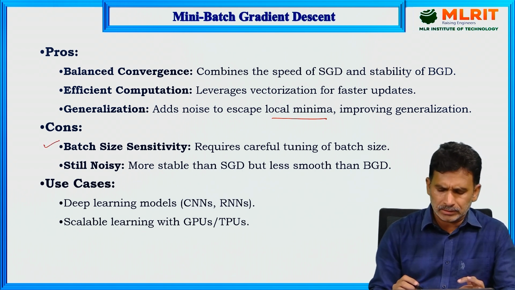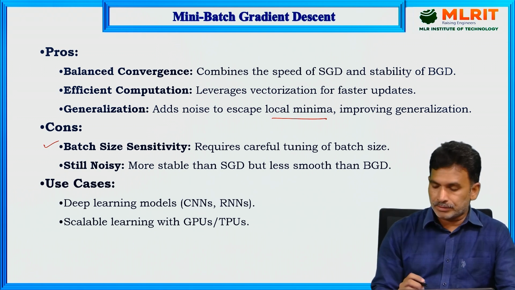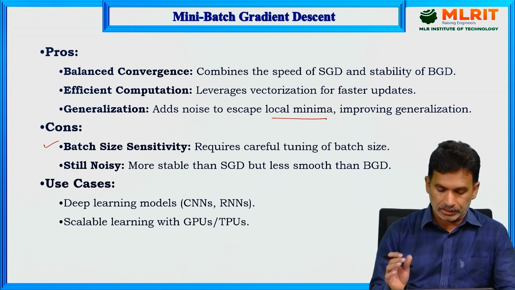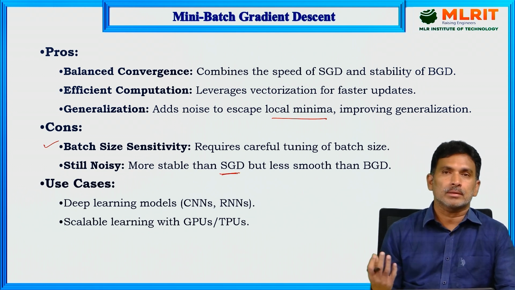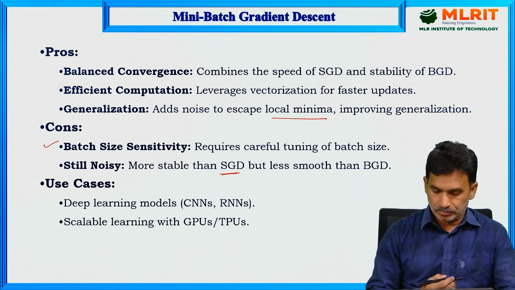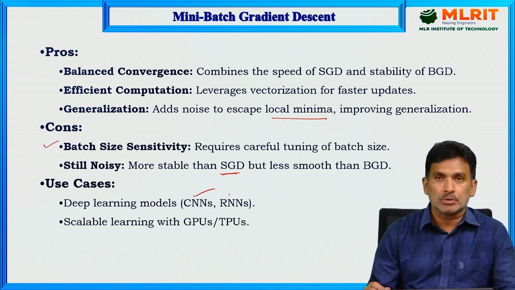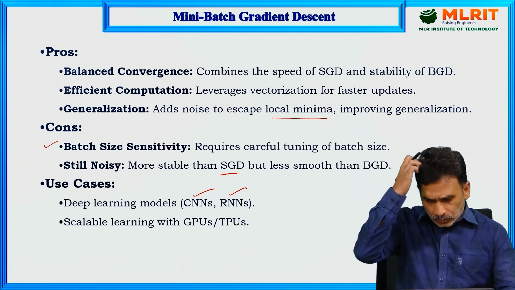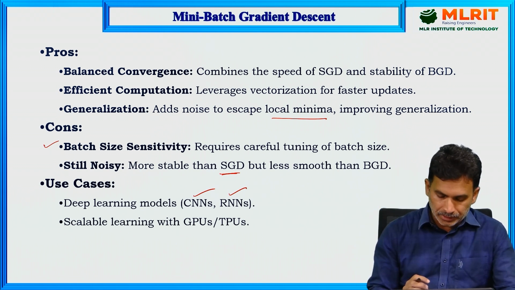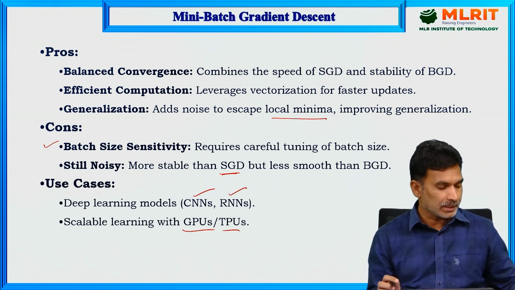The disadvantage is batch size sensitivity, meaning we have to carefully select the batch size, and it is still noisy: more stable than stochastic gradient descent but less smooth than batch gradient descent. The use cases are deep learning models like convolutional neural networks and recurrent neural networks, and scalable learning with GPUs and TPUs.